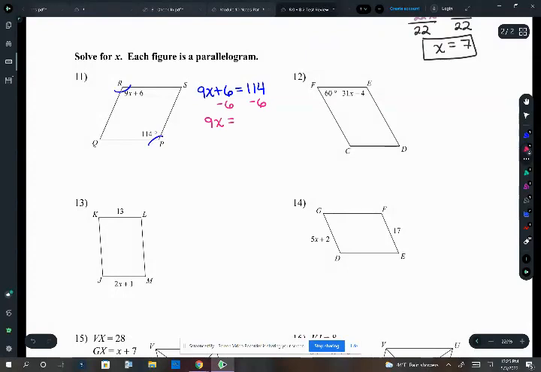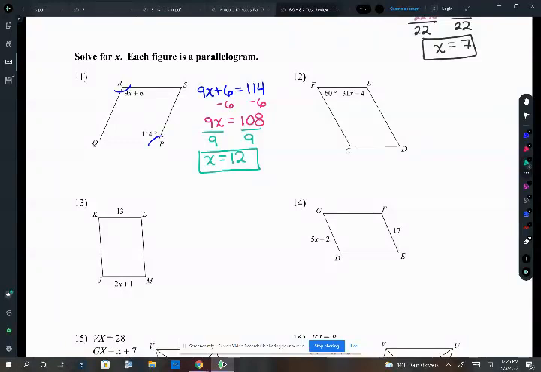And so when we subtract 6, we're going to get 108. And then we'll divide both sides by 9. And then x equals 12. So that one's not too bad because it's angles that are across from each other. So across from each other always end up being equal to each other in a parallelogram.